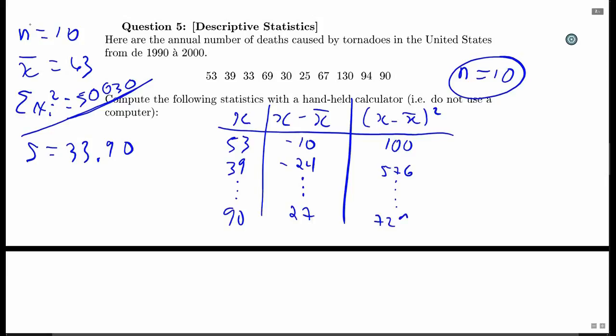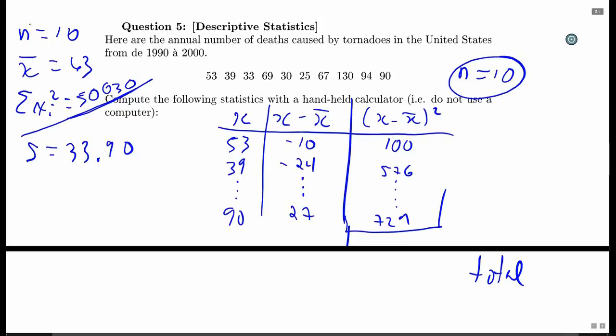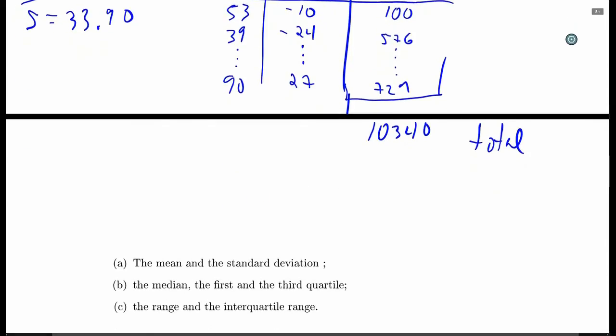Okay, and then what we'll want to do is get the total. So we'll compute the total of the squared deviations. In this case, this is going to be 10,340.